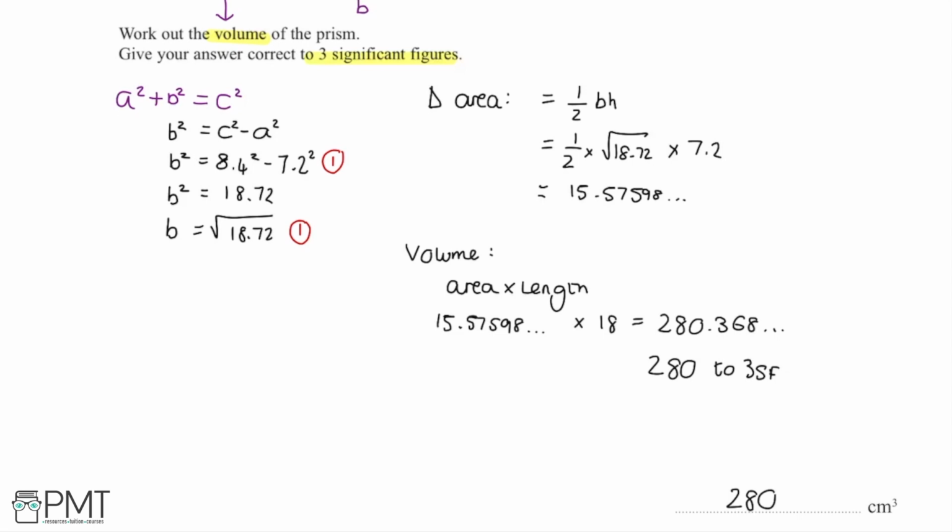Then the third mark would have been for a process to find the area of the triangular face, so this method here. The fourth mark was for finding the volume of the prism, so getting an answer here, which can be to more decimal places, obviously. And then the final mark is for the correct final answer of 280, correct to three significant figures here.